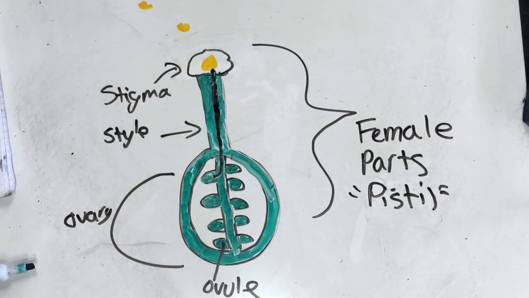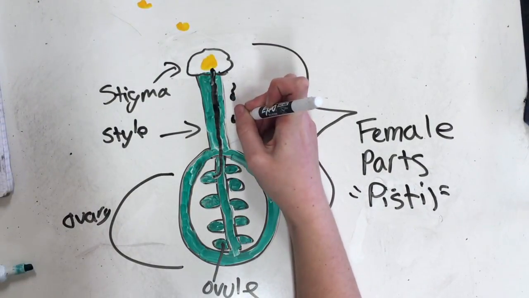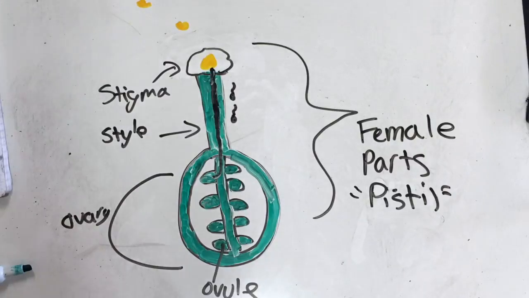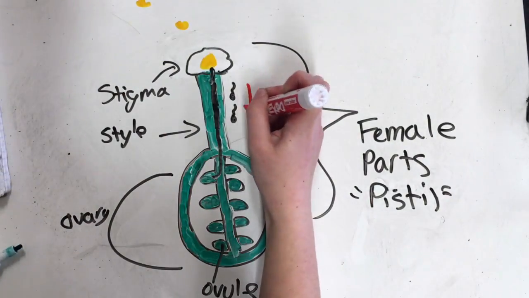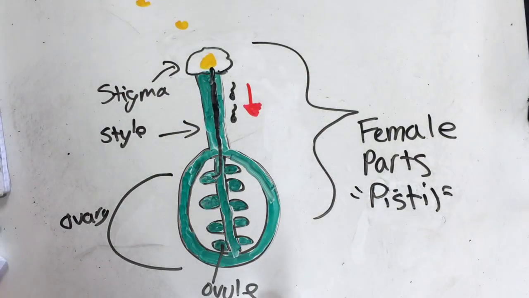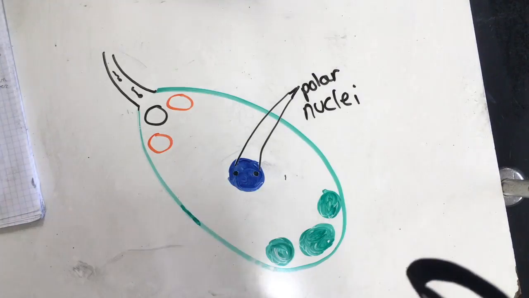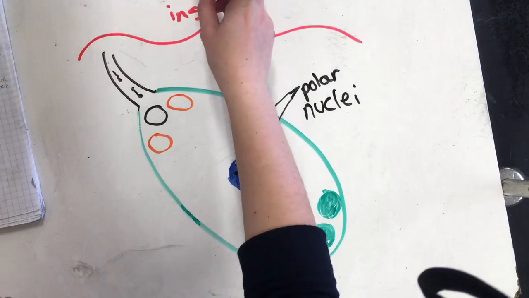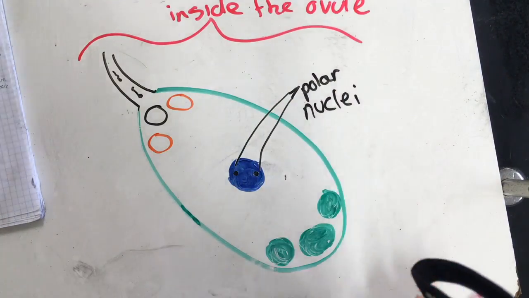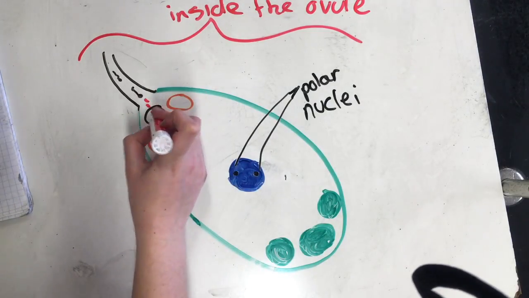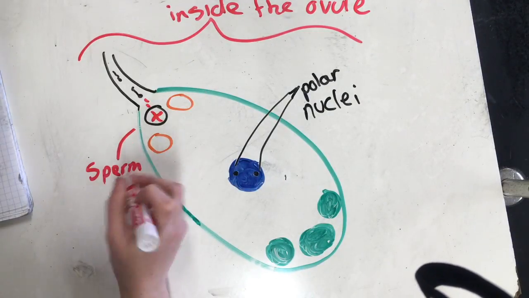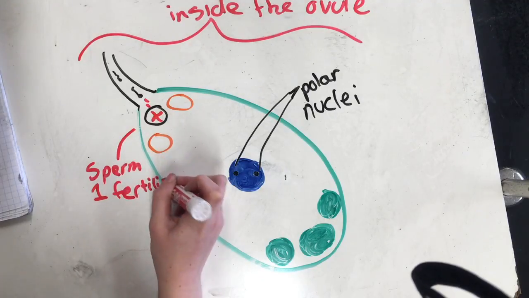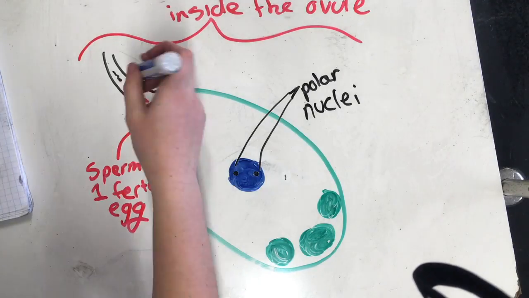And then from there, two sperm make their journey down that tube into the ovule. So what we are looking at right here is the inside of the ovule, and those little stick things are sperm, and one of the sperm goes along and fertilizes the egg inside the ovule.